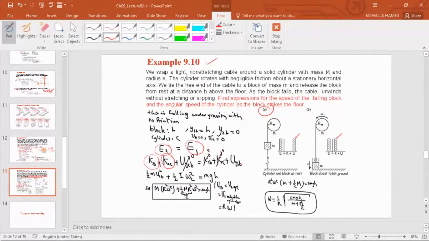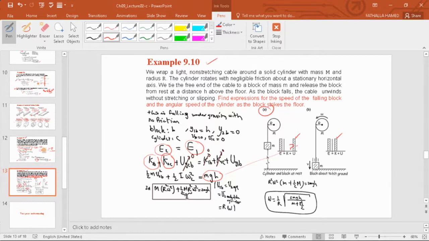Because C is fixed, it's not moving in terms of gravitational potential here. Now, the block starts from rest, so initial kinetic energy is 0. The cylinder is not rotating initially, so it's equal to 0. So the only energy you have is mgh. So your total energy is potential energy only.